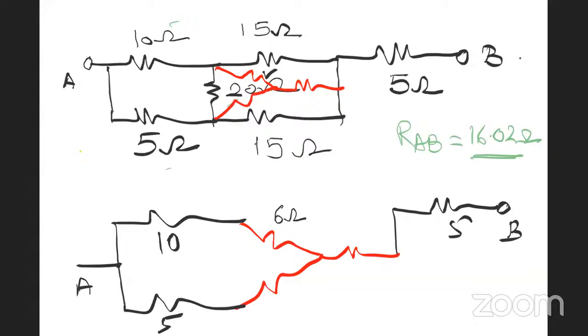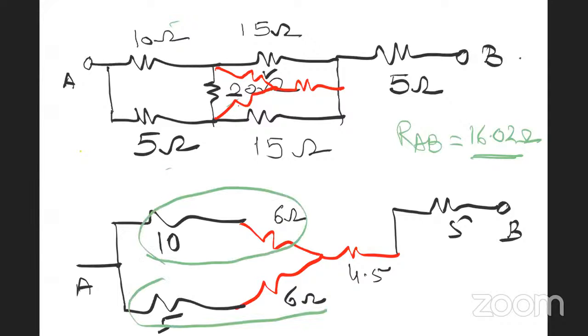This one will be the same, 15 into 20. So this also turns out to be 6 ohm. And this one is 4.5. Now these two are in series, these two are in series, then they are in parallel, and then everything is in series.